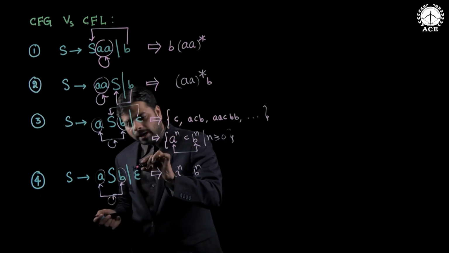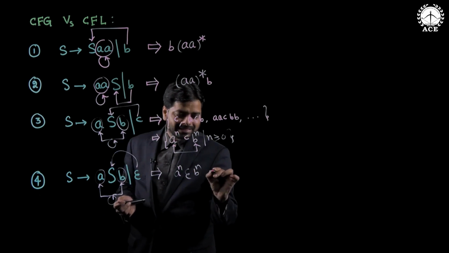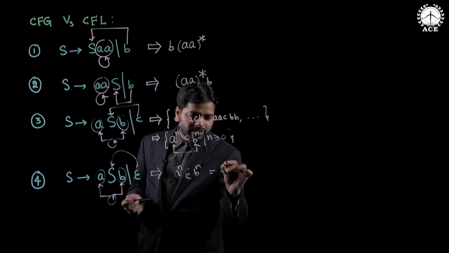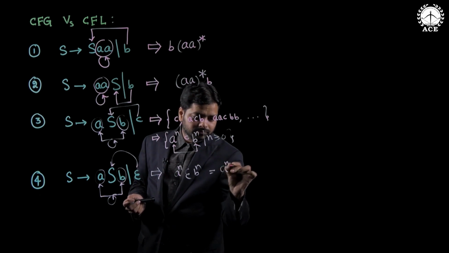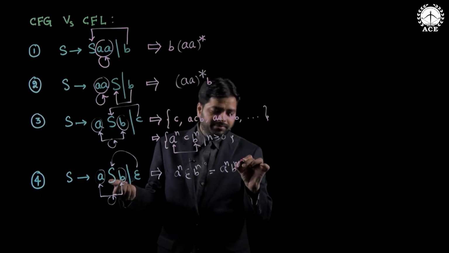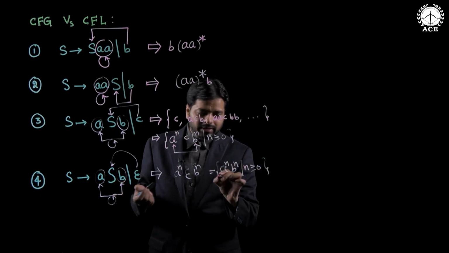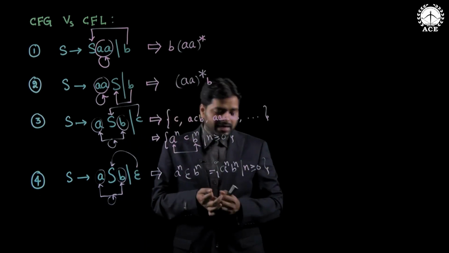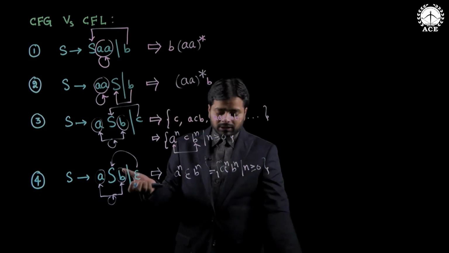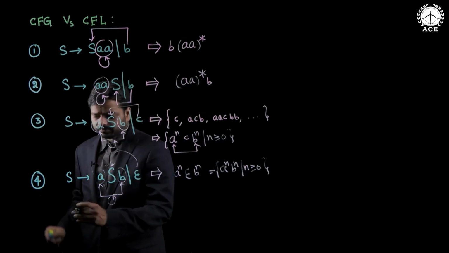The recursion is stopped by epsilon, so you have to put epsilon in center. It's nothing but just A power n, B power n, and n is definitely here. The minimum value is greater than or equal to 0. Right? This could be easy if you can understand the type of recursion that we are dealing with here. Is it clear? Next one.